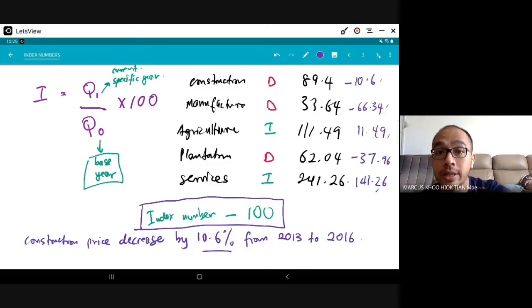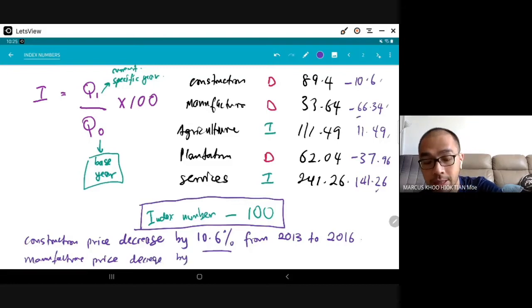The same thing, we can say manufacture price. Is it increase or decrease? It's decrease, right? Decrease by 66.34%. We don't take the negative. 66.34% from, what is the base year? 2013. What is the current year?